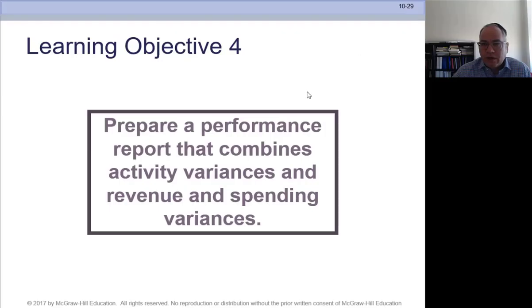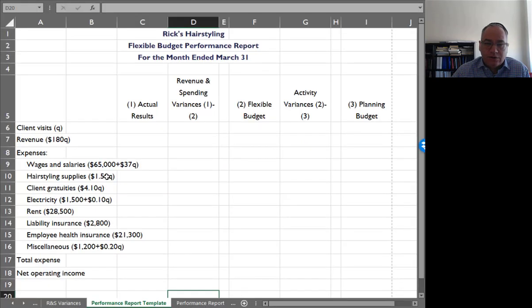Learning Objective 4 is to prepare a performance report that combines activity variances and revenue and spending variances. So basically we're going to put all this information together into a single report so that we can see the whole story on one page. So here's the basic information, and we have our actual results back here.